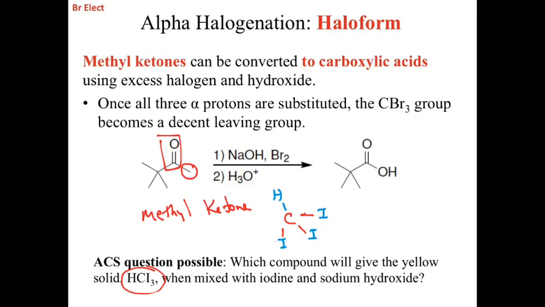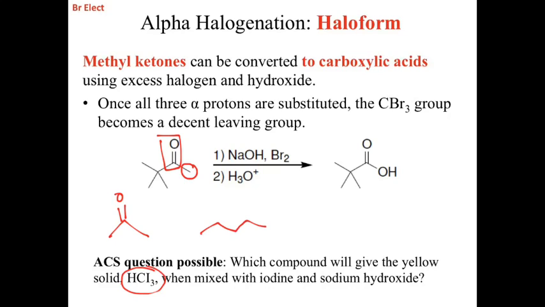That's about it. So on the ACS test, what you might see is the question shown below, and they might give you a whole bunch of different structures. So let's draw out some structures here. Give you, say, maybe acetone. They give you pentanone. Might give you an aldehyde, an ethyl aldehyde, and maybe they'll even give you a carboxylic acid.